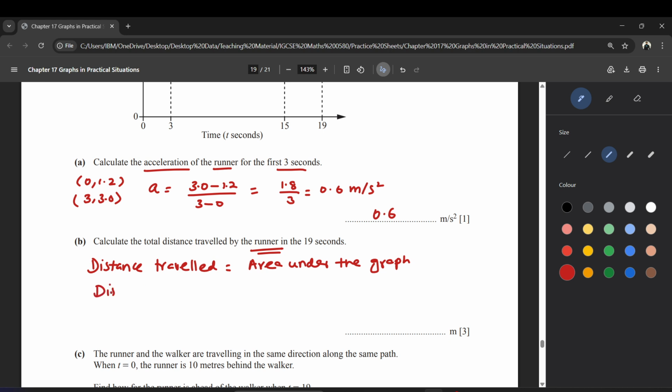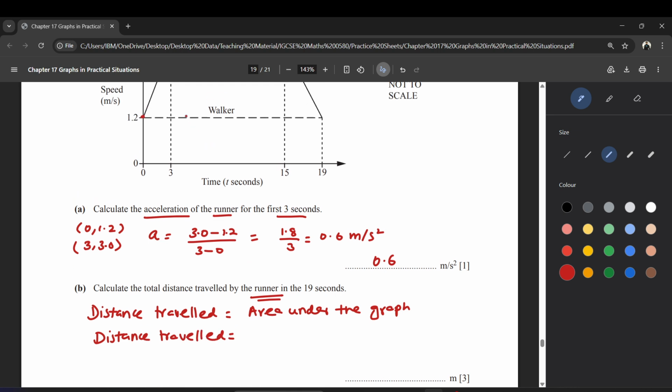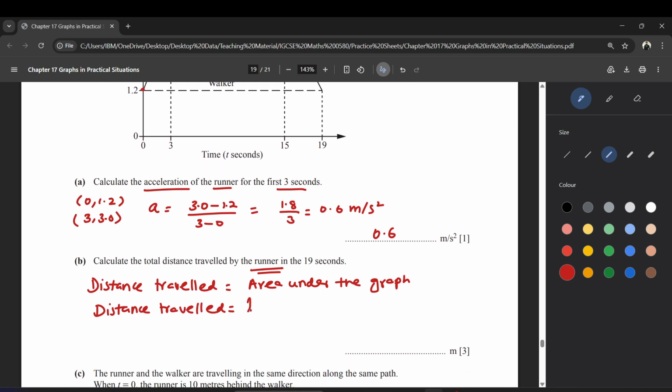So distance traveled will be the formula for this rectangle, which is length times width, plus half times the sum of parallel sides, multiplied by the perpendicular height. Length will be 19 and the height of this rectangle is 1.2. So 19 times 1.2, that's the first one, plus half times.